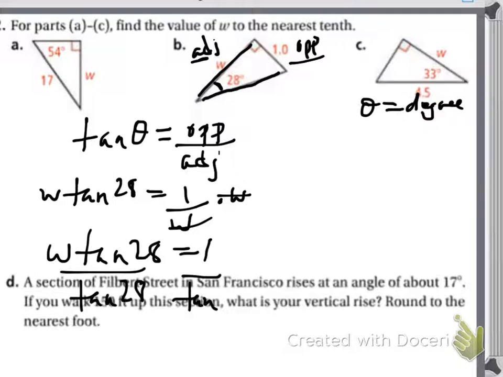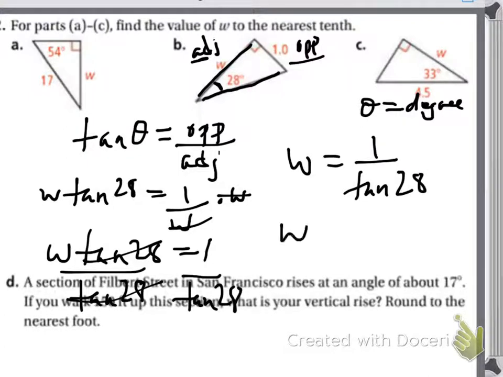So W equals 1 over the tangent of 28. In our calculator we hit 1 divided by the tangent of 28, and we get W approximately 1.9.